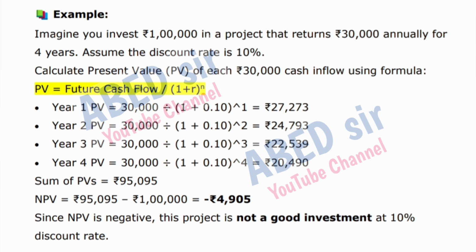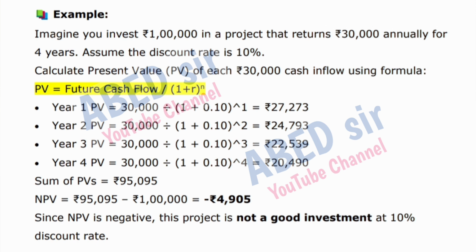Year 1 PV is equal to 30,000 divided by (1 plus 0.10) to the power 1, which is equal to 27,273 rupees. Year 2 PV is equal to 30,000 divided by (1 plus 0.10) to the power 2, which is equal to 24,793 rupees.